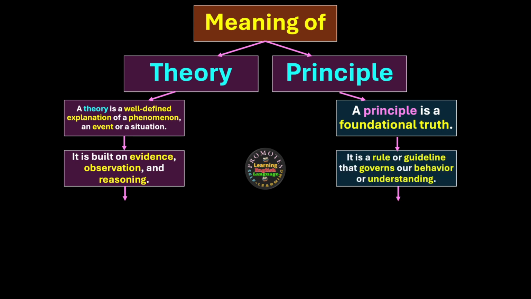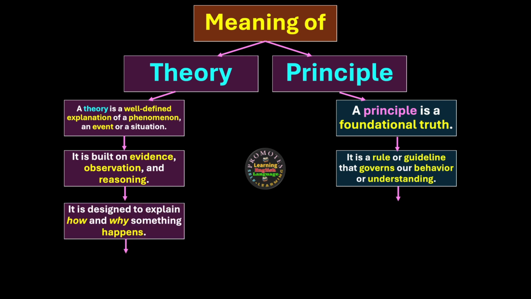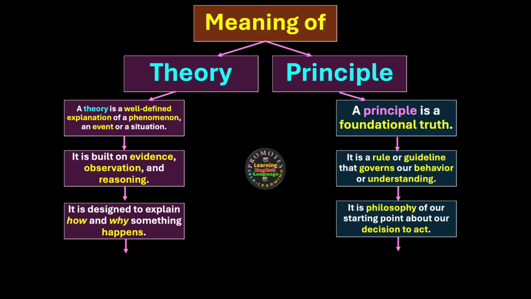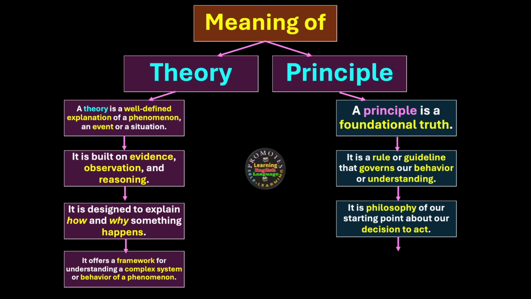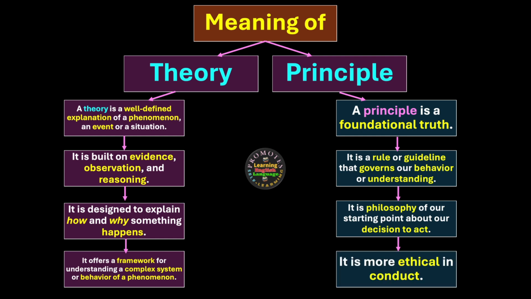It is a rule or guideline that governs our behavior or understanding. It is designed to explain how and why something happens. It is the philosophy of our starting point about our decision to act. Theory offers a framework for understanding a complex system or behavior of a phenomenon. It is more ethical in conduct.